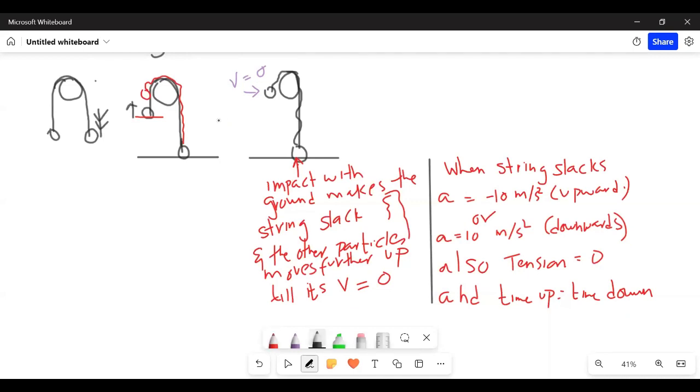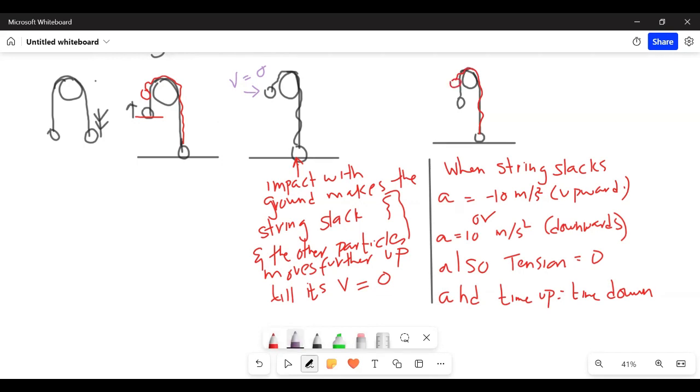Which means if it takes, for example, 2 seconds, this hits the ground. At that instant, the first particle is here. But then, because of the impact, the string slacks and the particle goes further up.